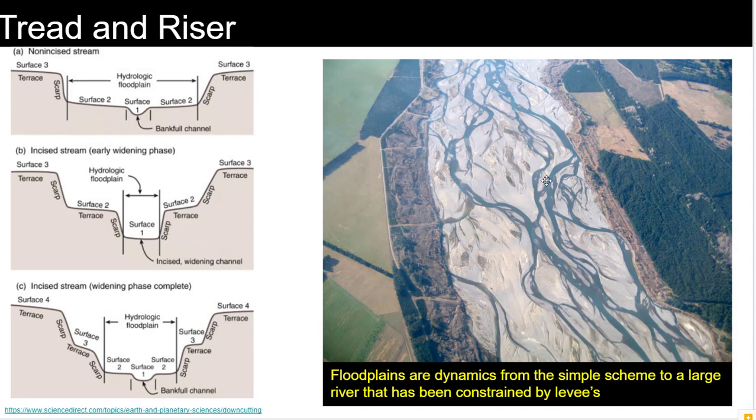On the left here, you can see a schematic diagram of the actual channel, bank full channel, surface 1 right in there. That's the tread. This upward slope going out of the watershed or out of the creek to this next tread. So tread, riser, tread, riser, tread.